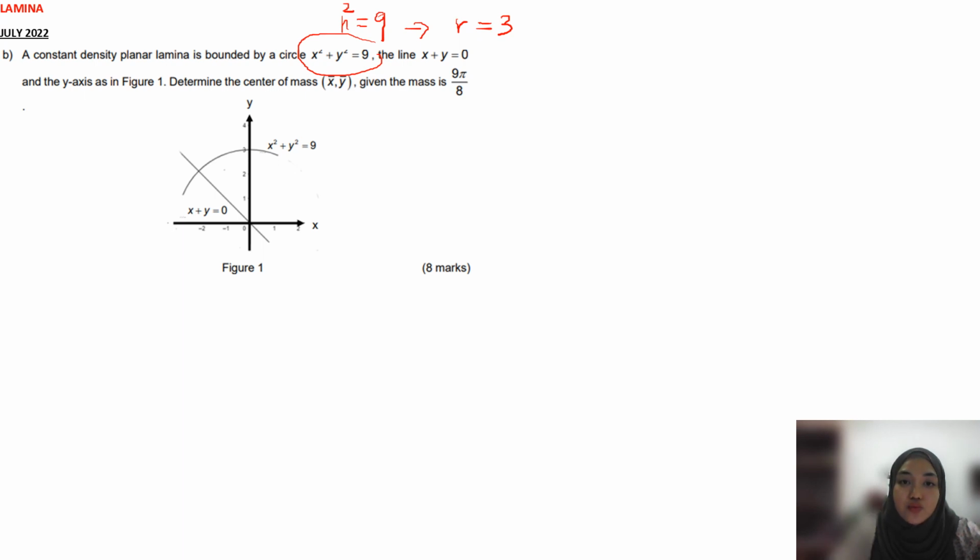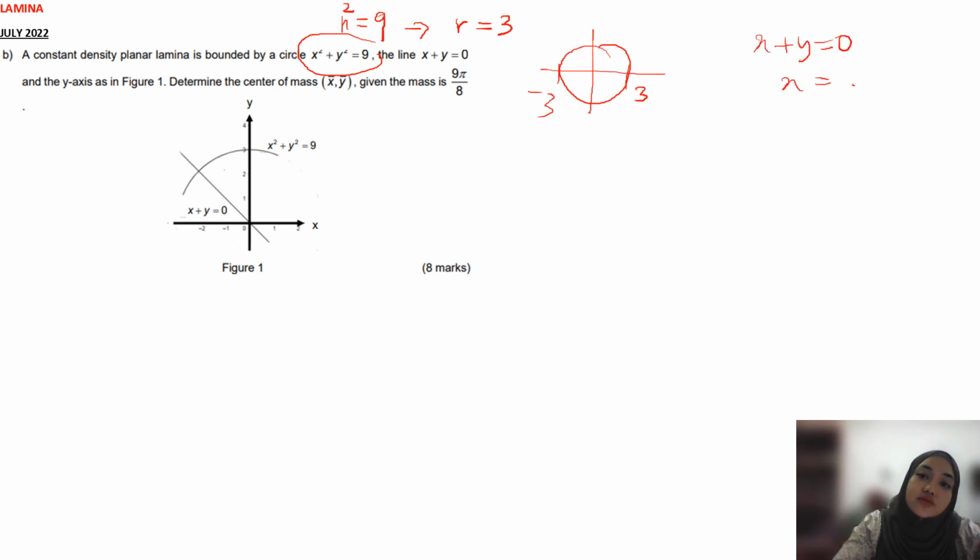And the line x plus y equals 0, and the y-axis in figure 1. Determine the center of mass, given that mass equals 9 pi over 8. So this one, if you do the radius equals 3, negative 3. And this line x plus y equals 0, meaning that x equals negative y.